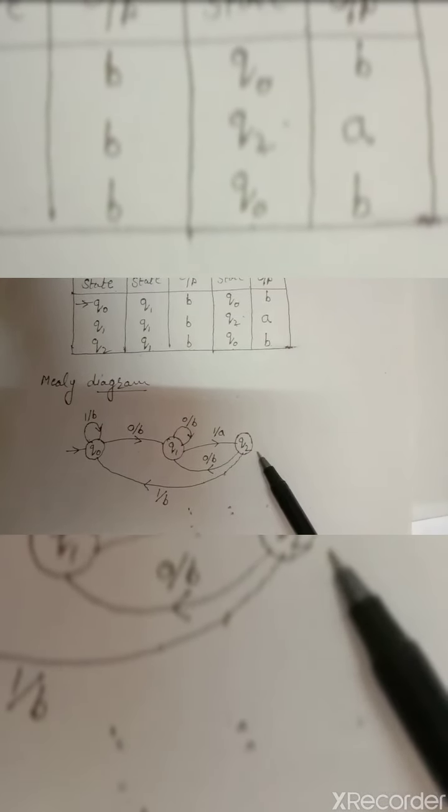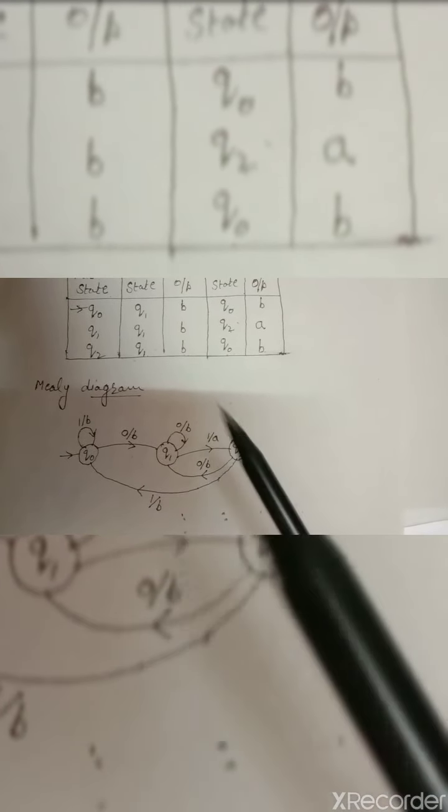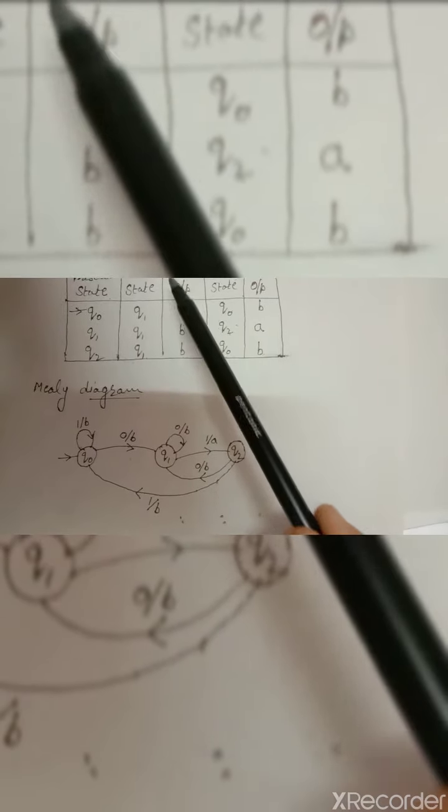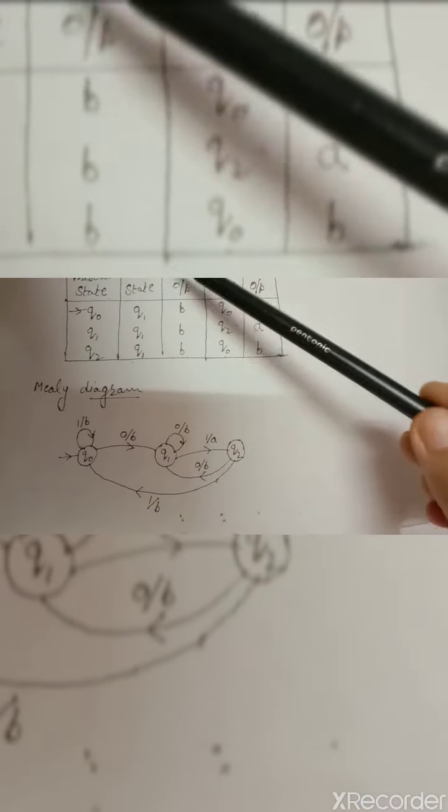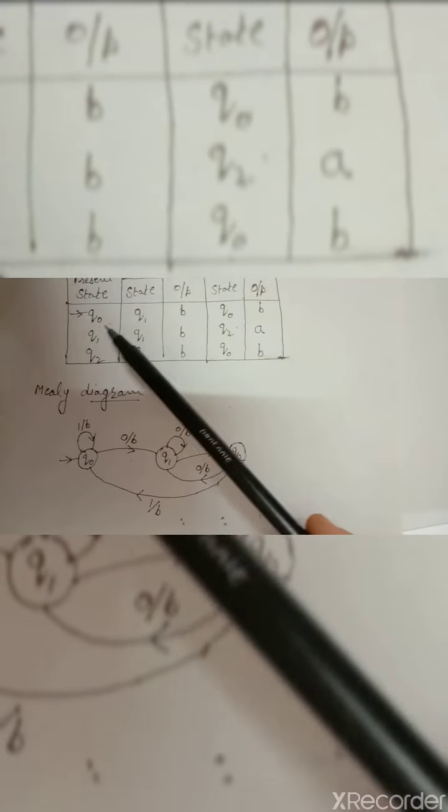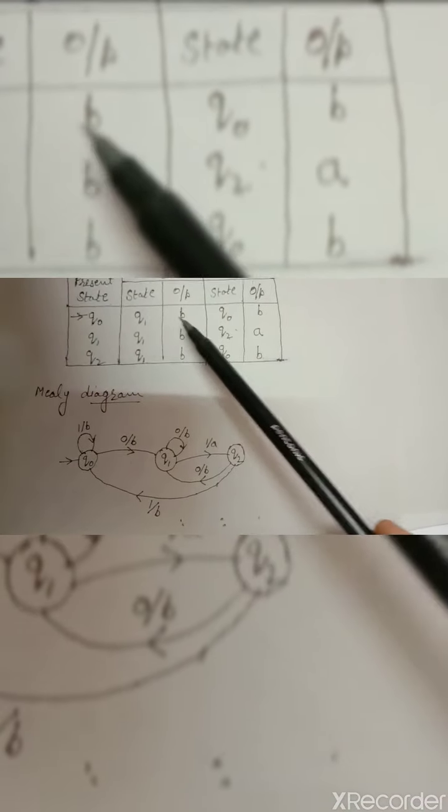Now you can draw the diagram. How to draw the diagram? I have mentioned 3 states, Q0, Q1, Q2. With 0 as input, Q0 moves to Q1 producing B output. So we draw this edge.